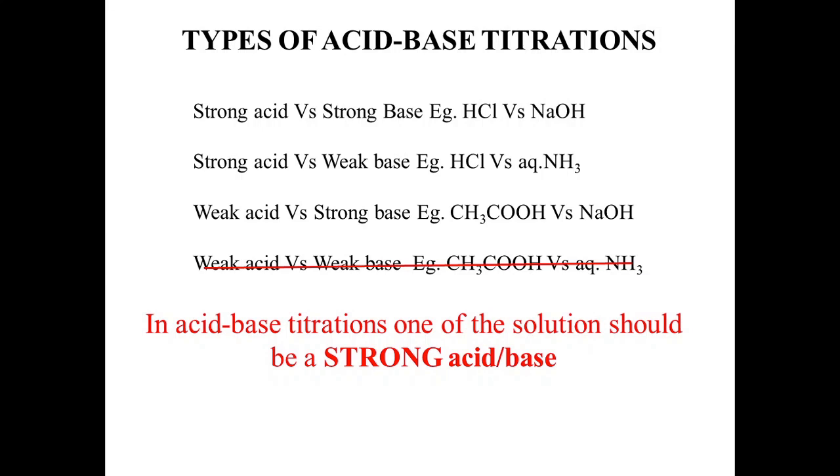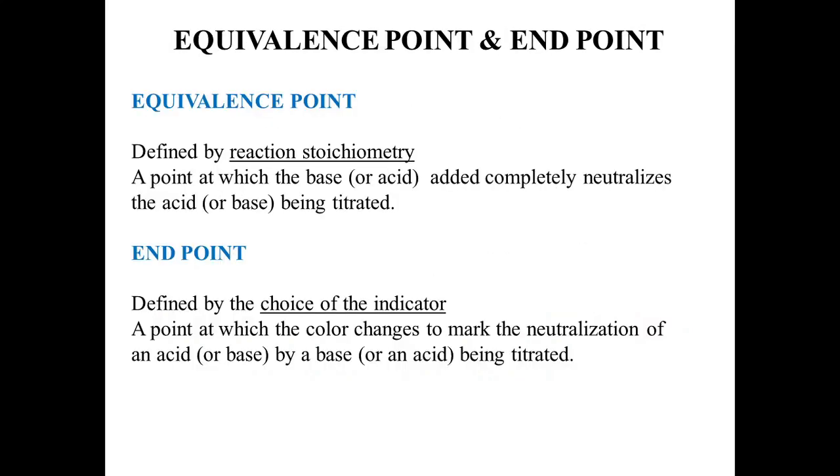So the basic rule of thumb to do volumetric estimations for acid-base titrations is that one of the solutions should be a strong acid or a strong base.